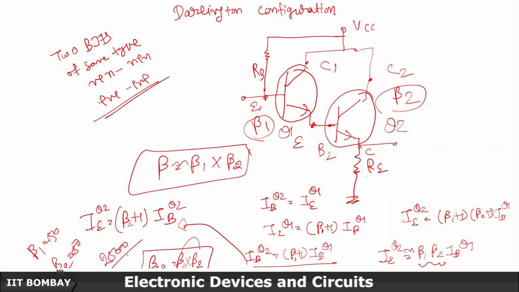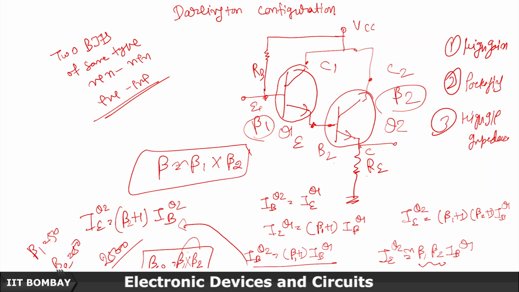This is a huge beta. The advantage is high gain, and packaging can be done effectively. Two transistors can be connected together, nice packaging in IC. Also, if you have two independent transistors, you can connect them. Also, very high input impedance.